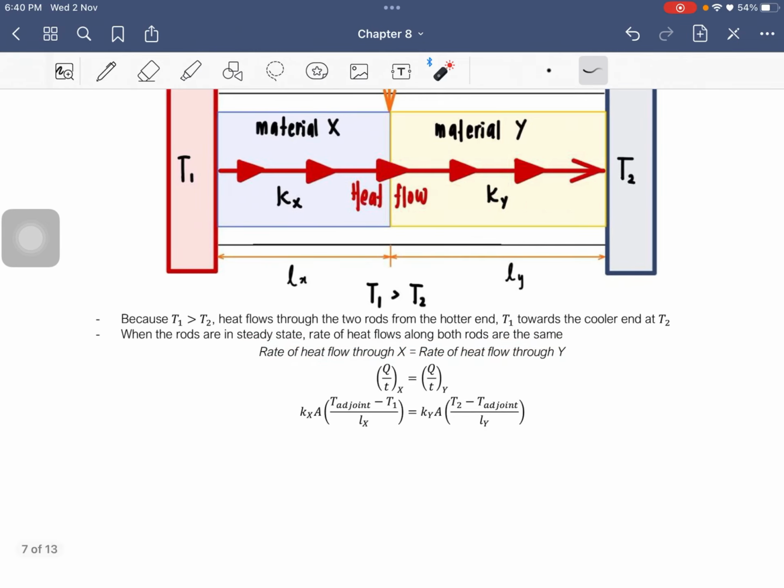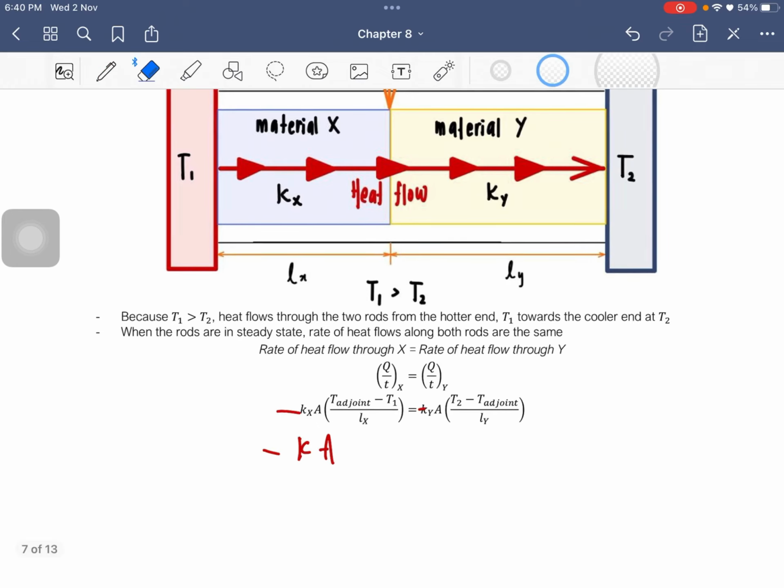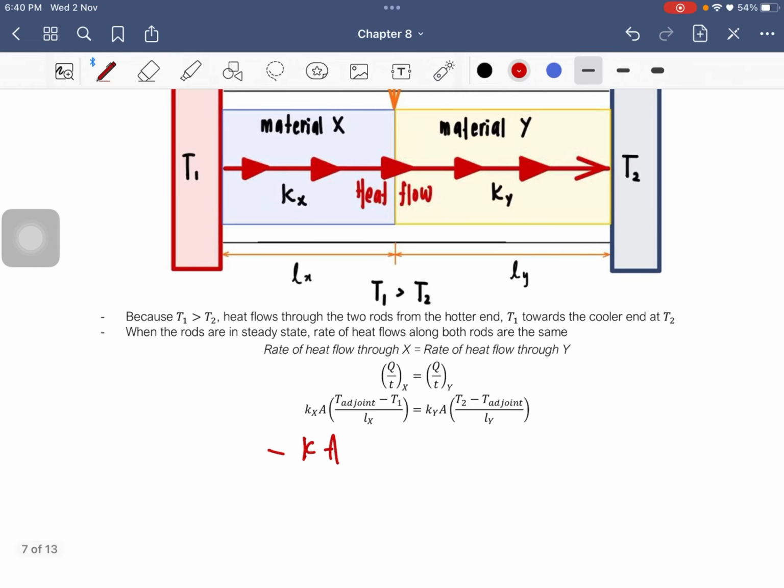Okay, so make sure this part here you remember lah, sebab kalau di sini ni sudah yang ini actually KA ada negatif batu, tapi sebab nanti cancel je, so don't really care about that lah. But this is delta T over the thickness L. So this delta T untuk the first one, it will be the adjoint minus the first slab.